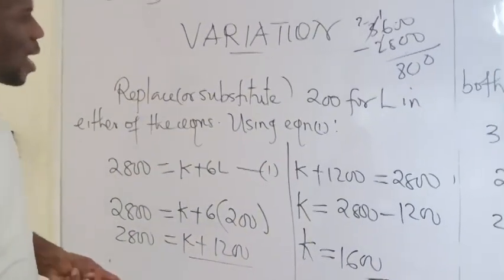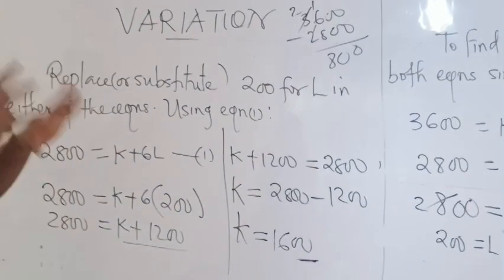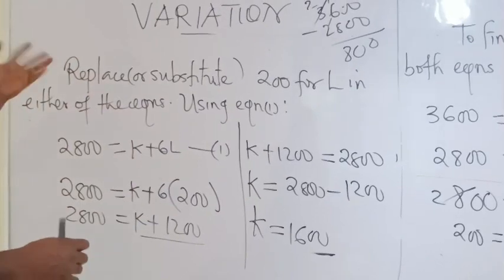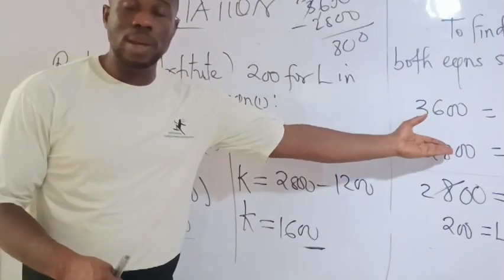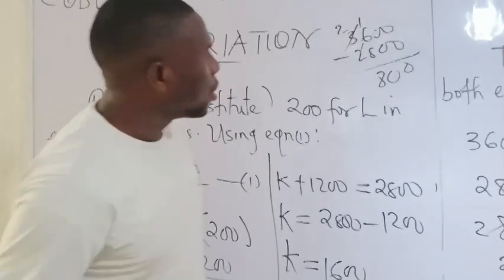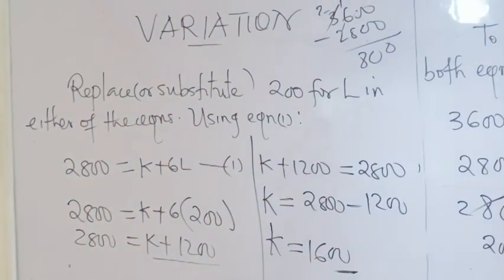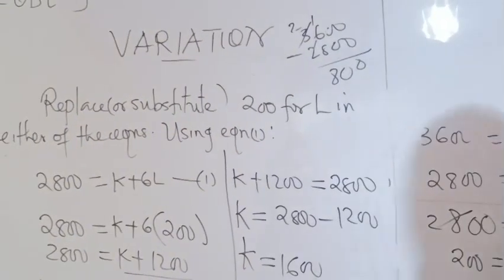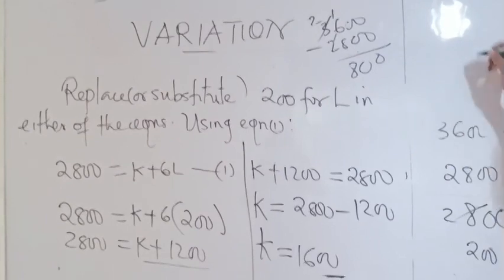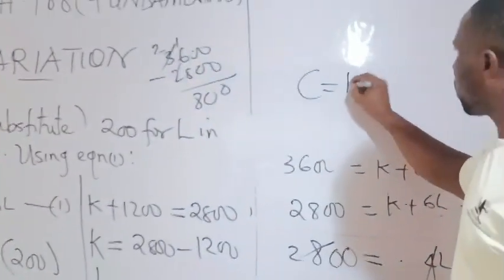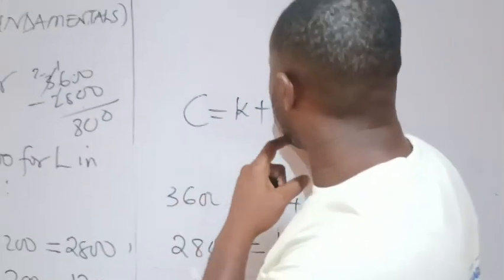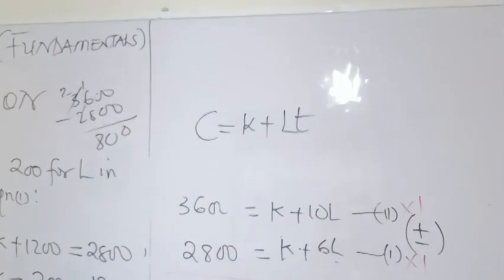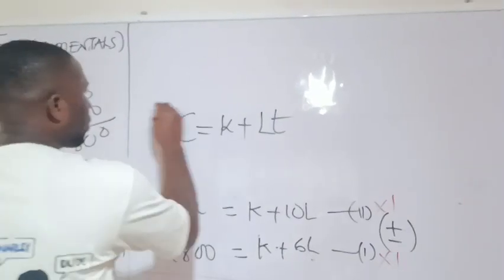So clearly now, I know what the constants are. So I could tell you for real the relation between the quantities, which in this case is the cost of sewing and the time it takes to sew. Initially we wrote this as C equals K plus LT.